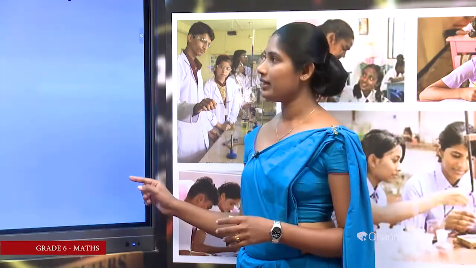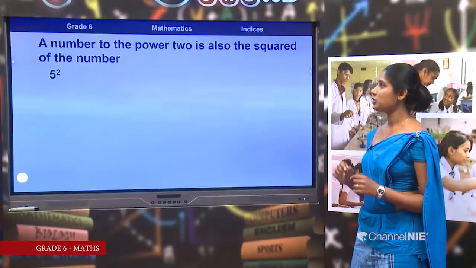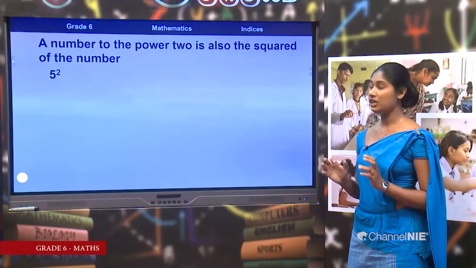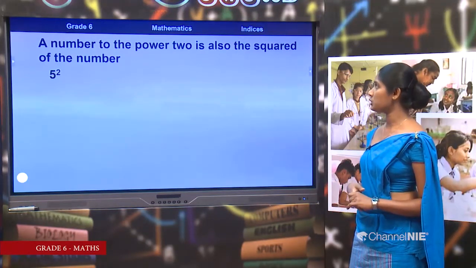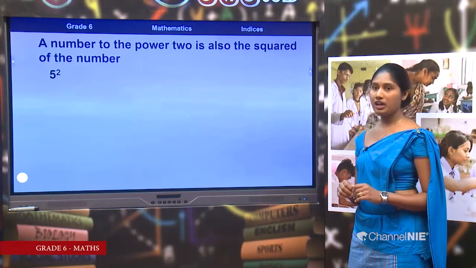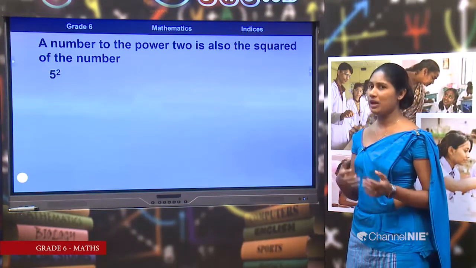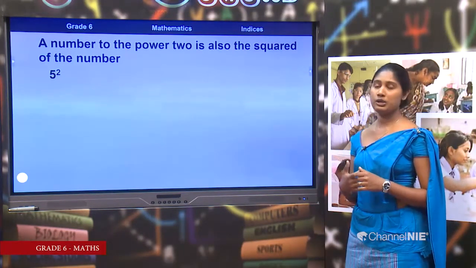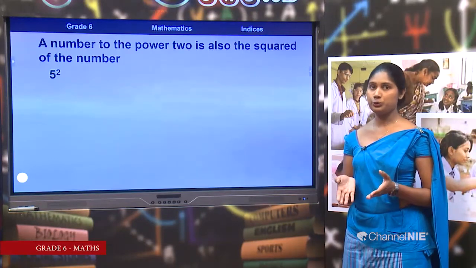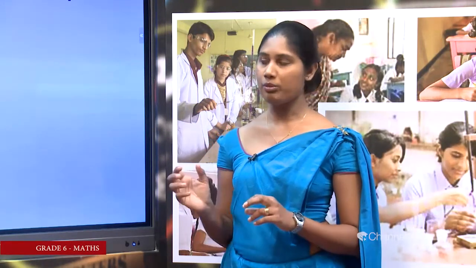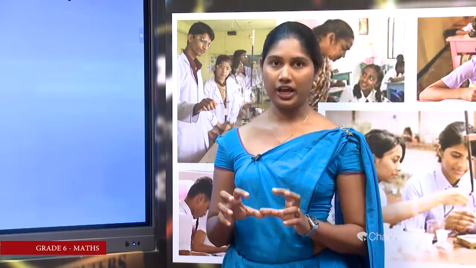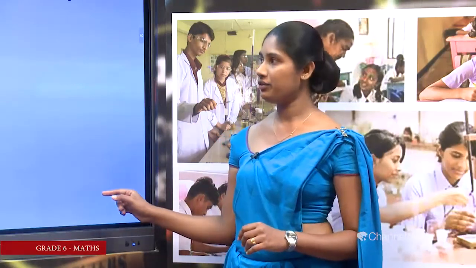Okay. A number to the power 2 is also the square of the number. Here it is very familiar to you, that is 5 to the power 2. Then how to expand this? That means how many 5s are there? 5 multiplied by 5.